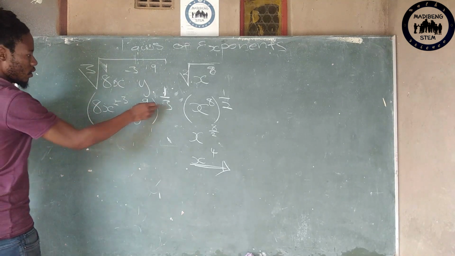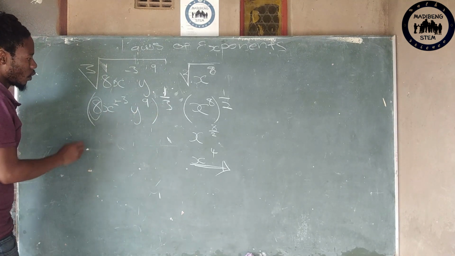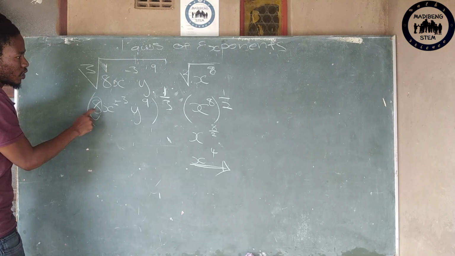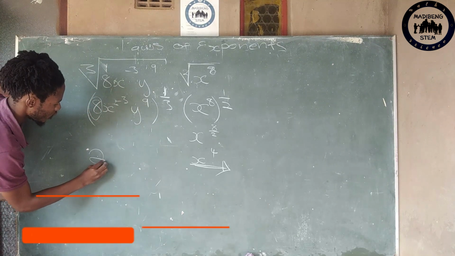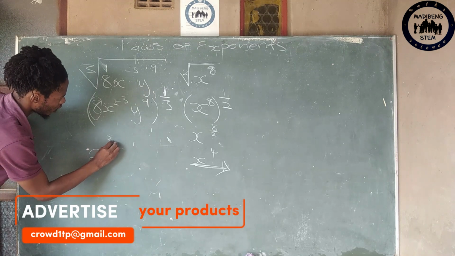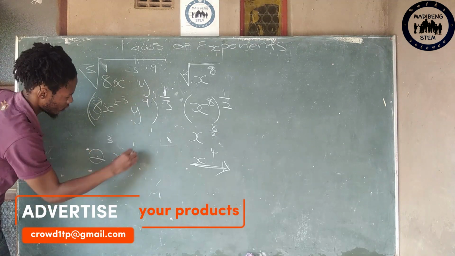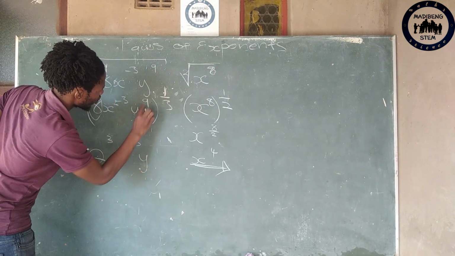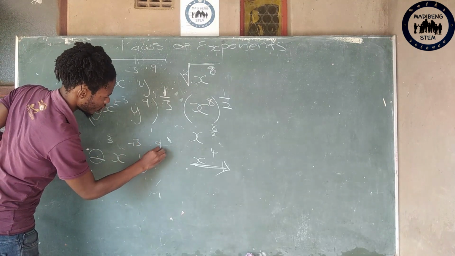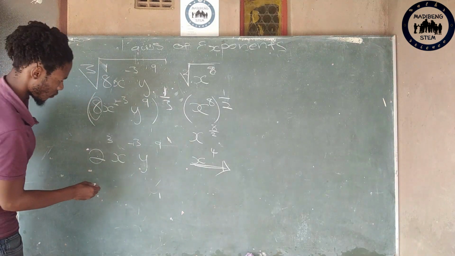Now we have 8 here as a coefficient. We will have to change this 8 to exponential form too. So let's go and change this 8. It's 2 to the exponent 3. Then we have x to the exponent of negative 3. We have y to the exponent of 9. We don't change it. We leave it like that.